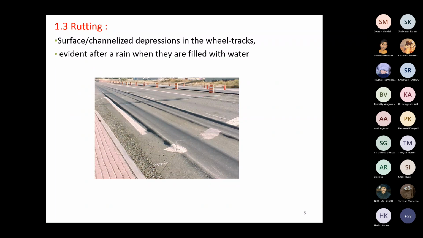Not only the top layer: even if you compacted the top layer properly, but did not compact the base or sub-base layer, the rutting occurs in the lowest layer, even in the subgrade, and this will get reflected in the upper layer because it's a flexible pavement. That's the definition of flexible. Whatever deformations or distress are there, surely it will get reflected in the upper layer. So that's the reason why you have to compact and check the properties of the lower layers also.